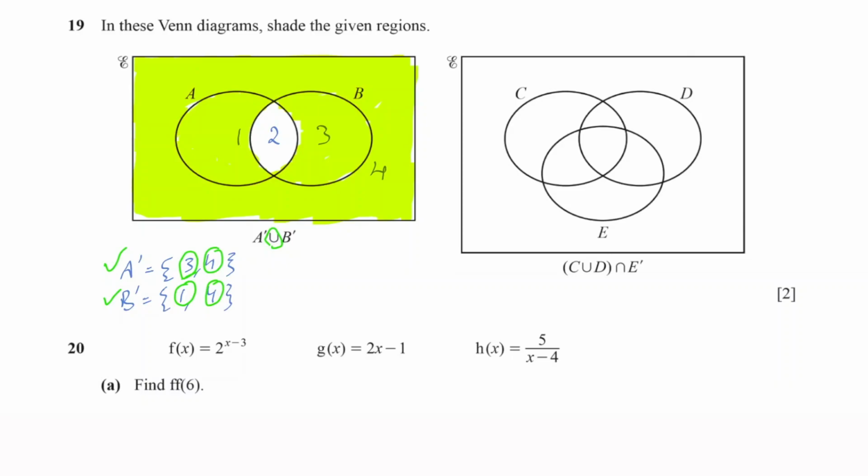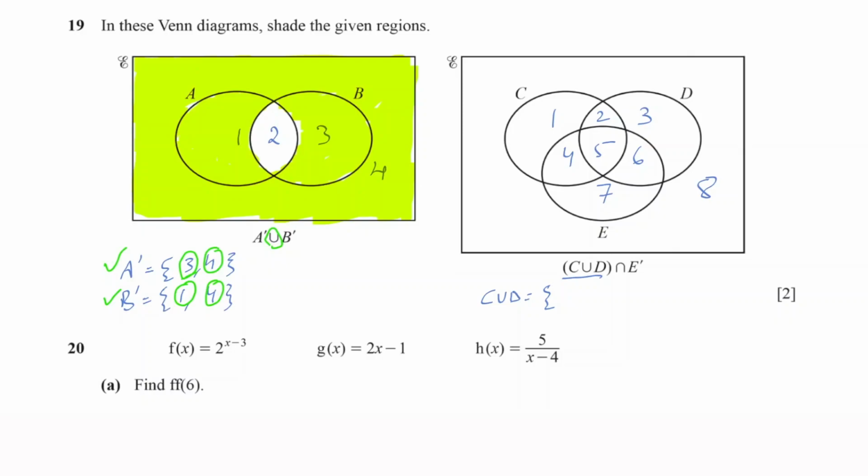Okay, for the second part, let's split it like this: C union D. Okay, what is C union D? So let's label it as 1, 2, 3, 4, 5, 6, 7 and 8. I just labeled all these segments. And what is C union D? Union means all the values included, right? So let me shade it for you.